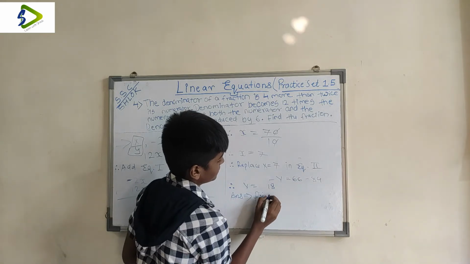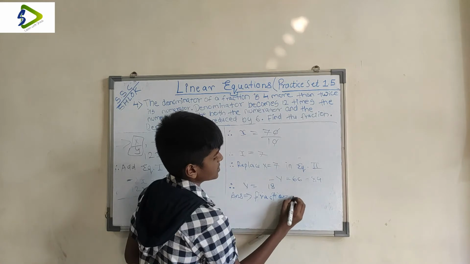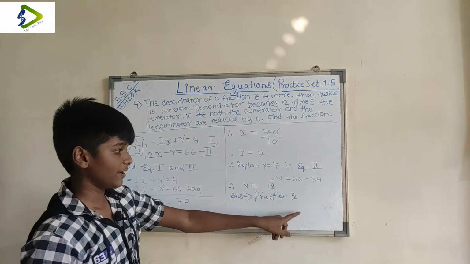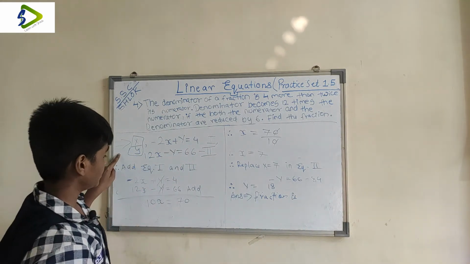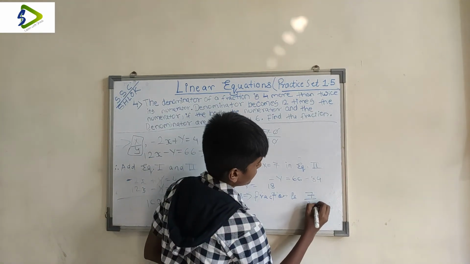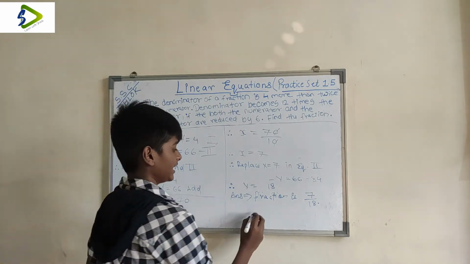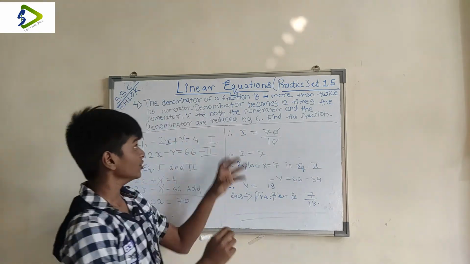Fraction is x by y, and instead of writing x we write the value of x, 7. What is the value of y? 18. So the fraction is 7 by 18, and that is the final answer to this question.